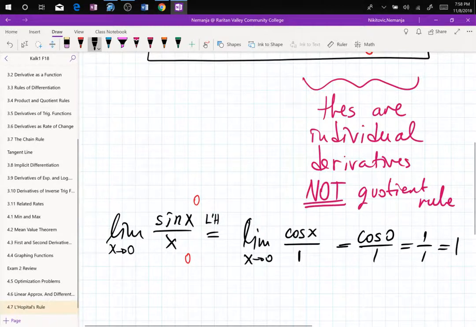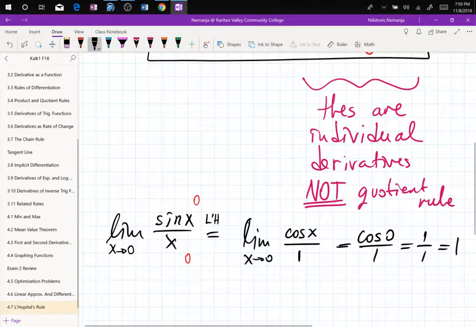All of these forms can be eventually transformed into this. So that's where the chunk of our lecture is, to go through all of the cases that eventually result in L'Hopital's rule. But we are done with learning L'Hopital's rule with this, because that's all it is.